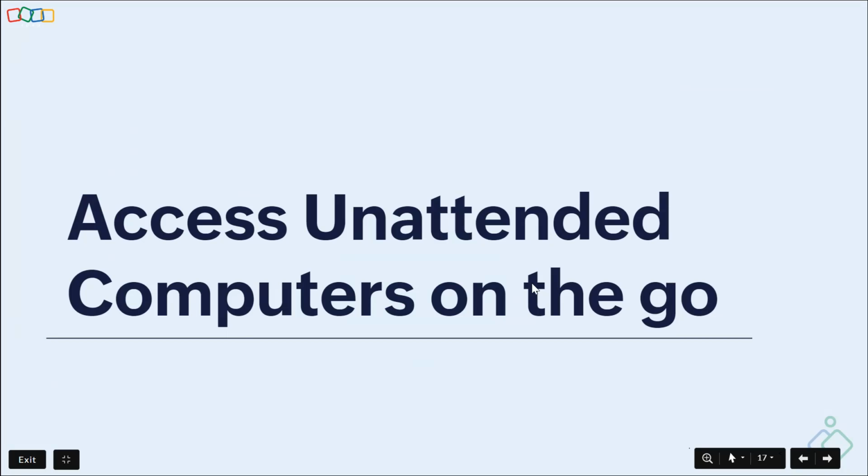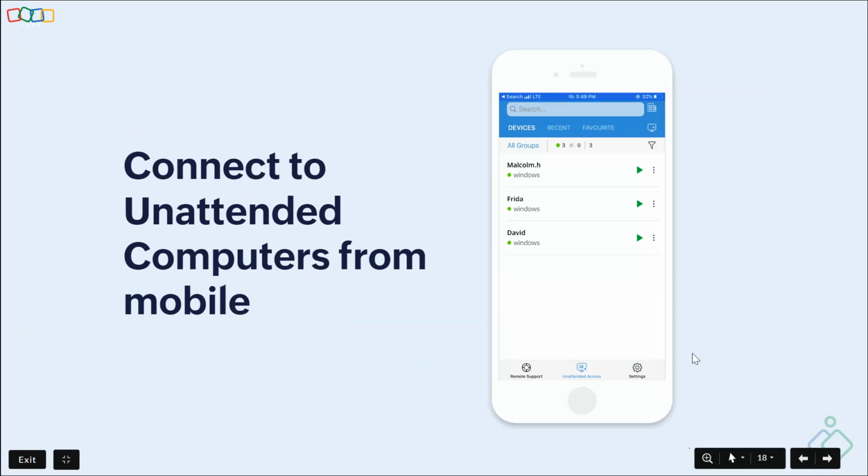So, unattended access on the go. Right now we saw how, as a technician, you can start the session from browsers, and with Zoho Assist we also have applications for both Android as well as iOS, which the technicians can make use of to access the unattended devices in their account.